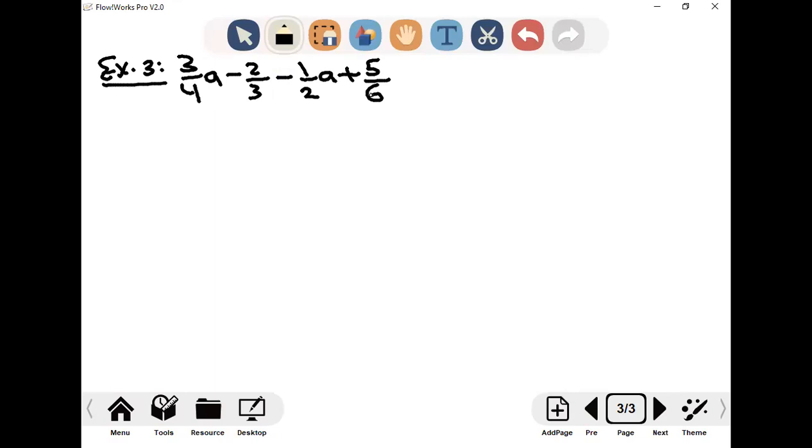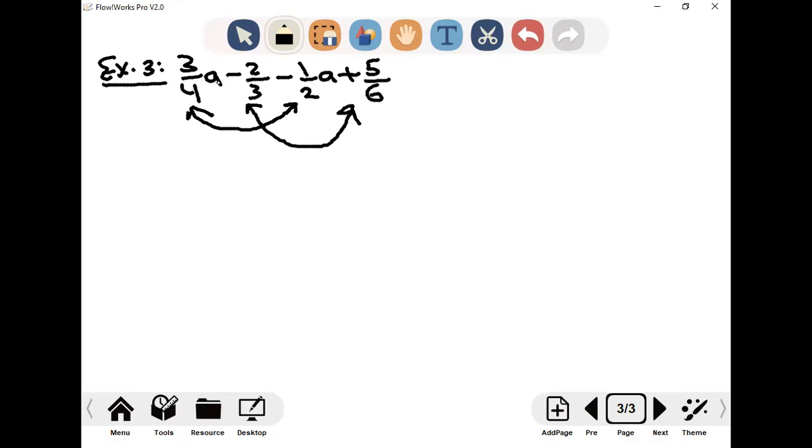Let's look at the board. Here we have 1, 2, 3, 4 terms. All of them are fractions. The like terms have a power 1, a power 1, right? So 3 over 4a with negative 1 over 2a are like terms. So I will do these two terms together, and these two fractions, the constants, I will do them together.